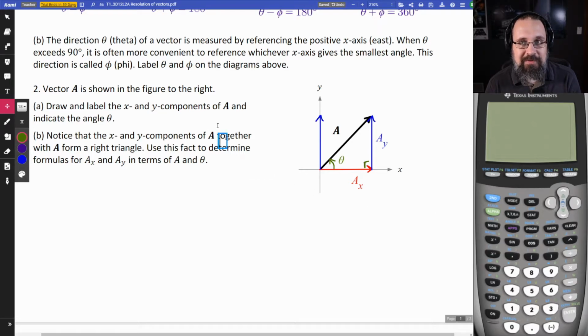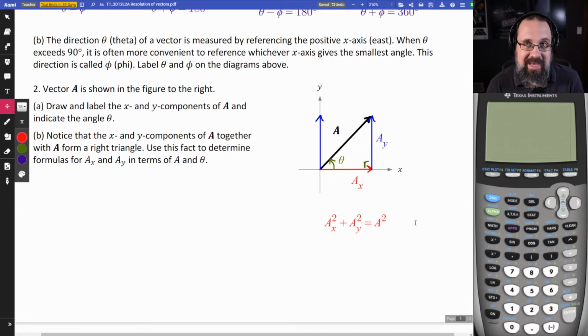Okay, so what we're going to do first is we're going to say, all right, what is AX? So if all that I knew was the magnitude and direction of this vector, then how could I find AX? Well, the first thing you might think is that we might want to try to use the Pythagorean theorem. So if I said that A subscript X squared plus A subscript Y squared is equal to A squared.